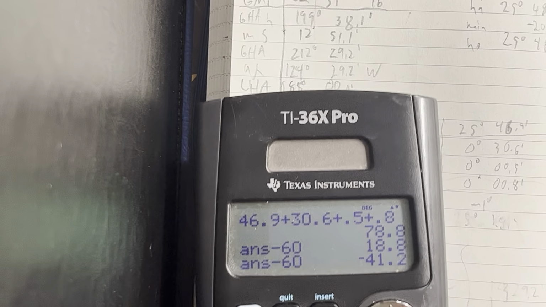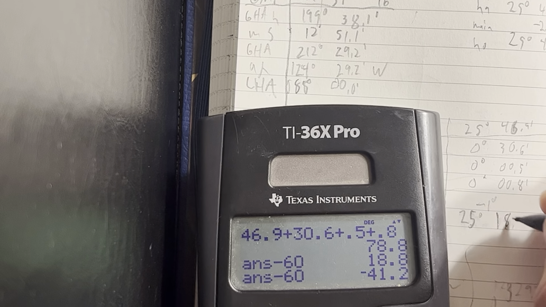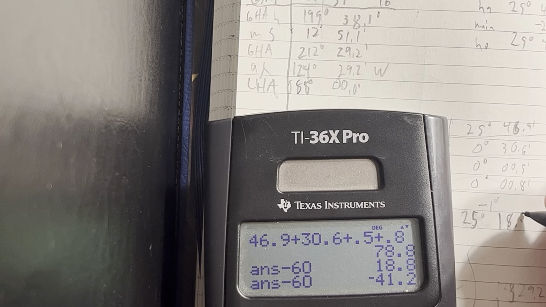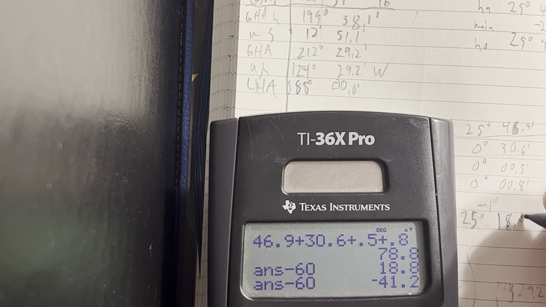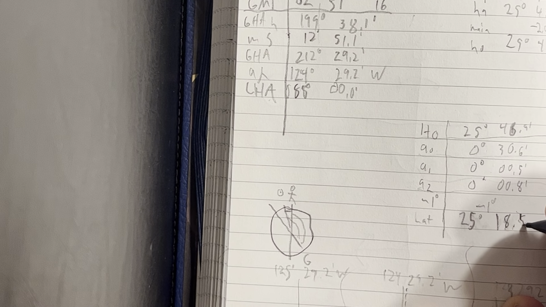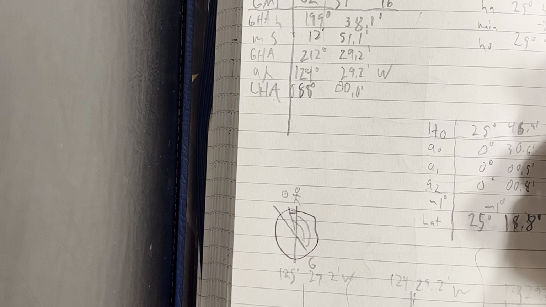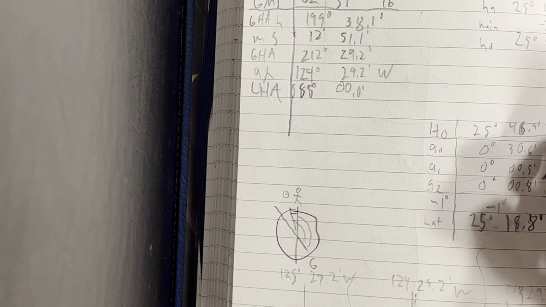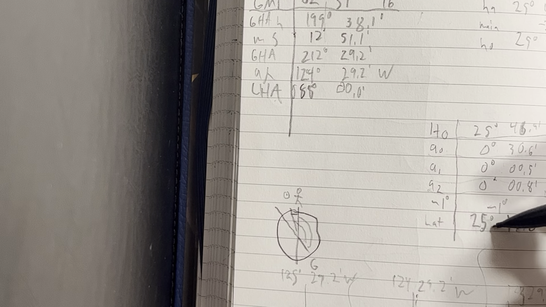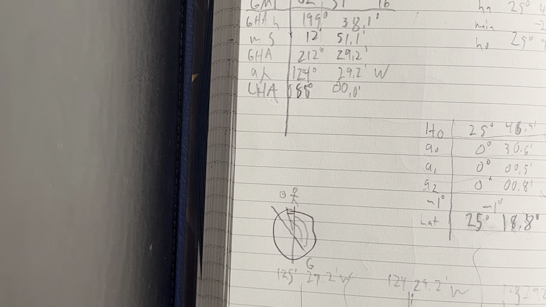Well, it's going to come out to 18.8 again. So yeah, I was right. So you remove those 60, and then you're just getting your final value of 18.8 minutes. Sorry for confusing you there, but you add all these values up, then you subtract 60 additional minutes, and you'll get 25 degrees, 18.8 minutes as your latitude.